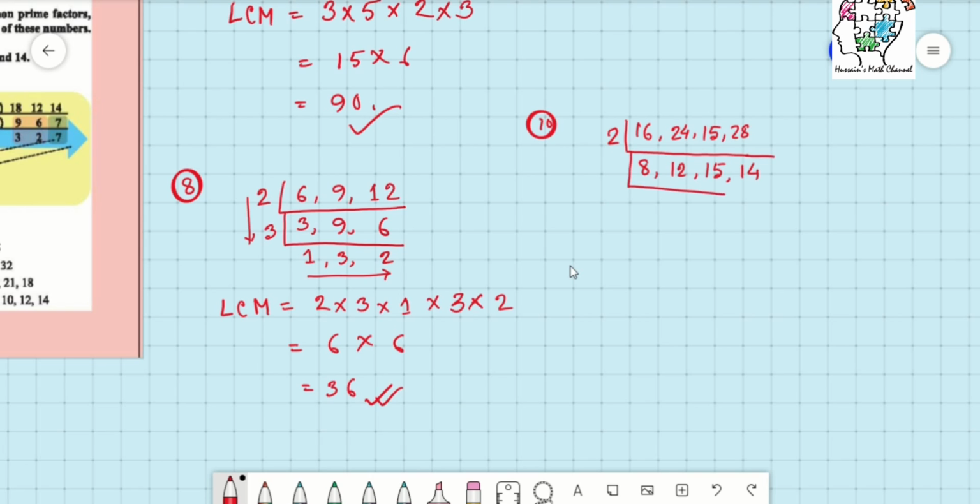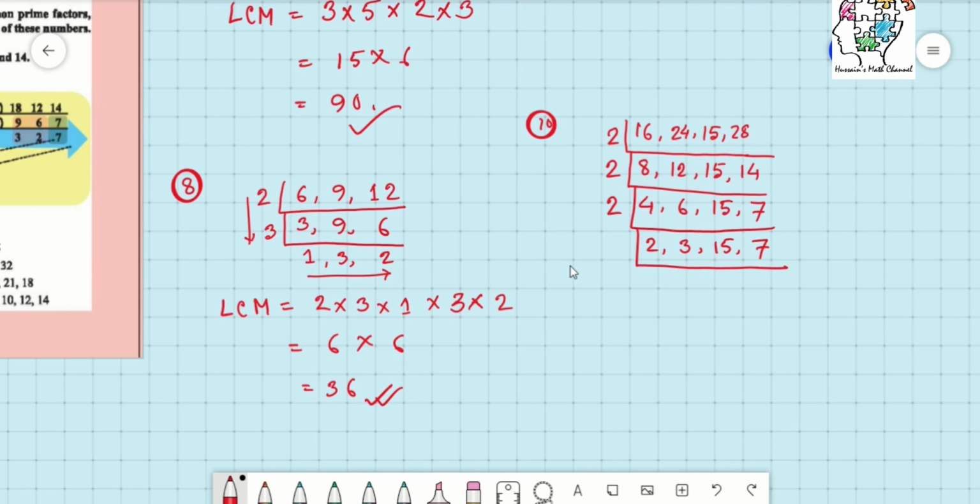Now again we can divide these numbers by 2. 2 times 4 is 8, 2 times 6 is 12, 15 we can leave as it is, and we can divide 14 by 2 to get 7. Now again we can divide these two numbers by 2, that means 2 and 3, and 15 we can leave here as it is, and then 7 as it is.